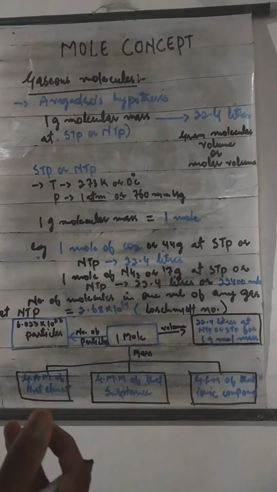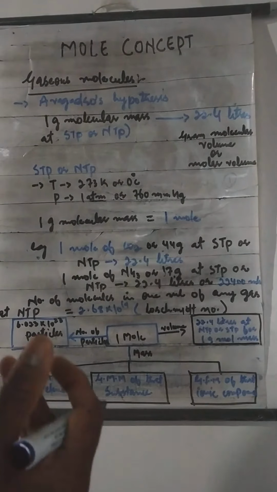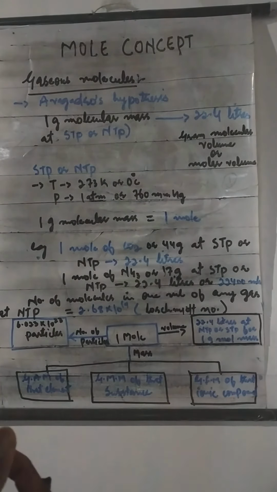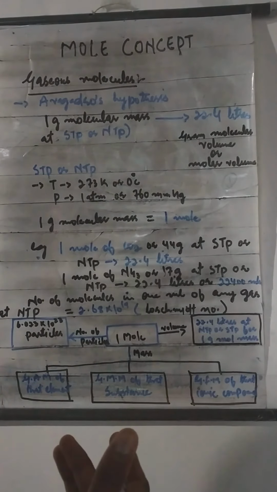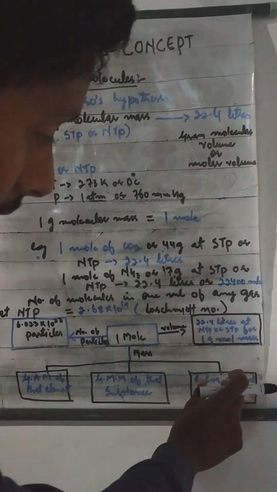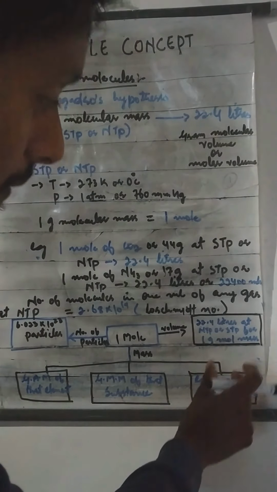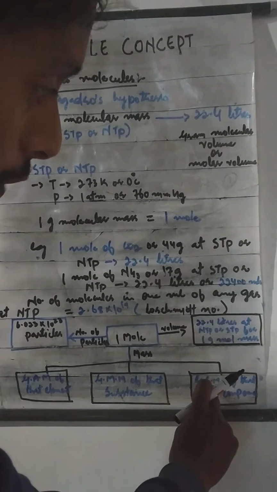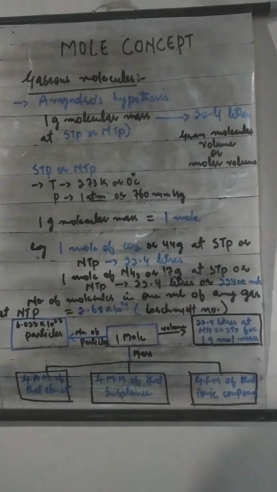So the mass of 1 mole of molecules is equal to the gram molecular mass of that substance, whether it is the molecule of an element or of a compound. For ions, the mass of 1 mole of an ionic compound or formula unit is equal to the gram formula mass of that ionic compound, which we calculated a few minutes before. We have seen what the gram formula mass of any ionic compound means.